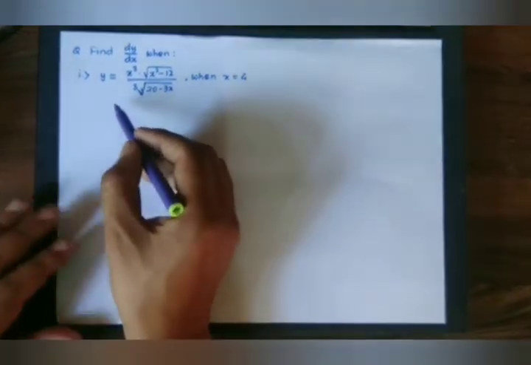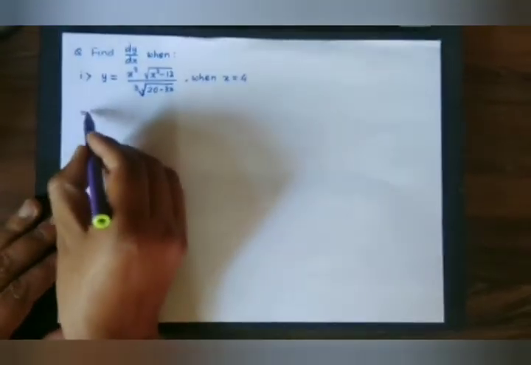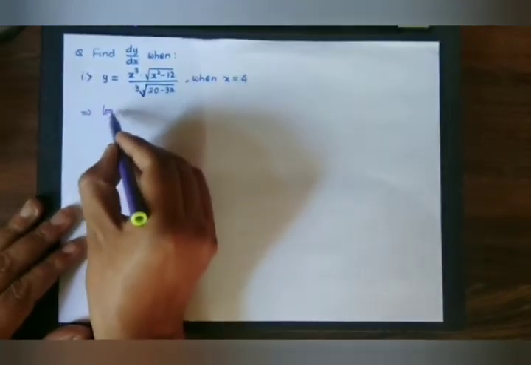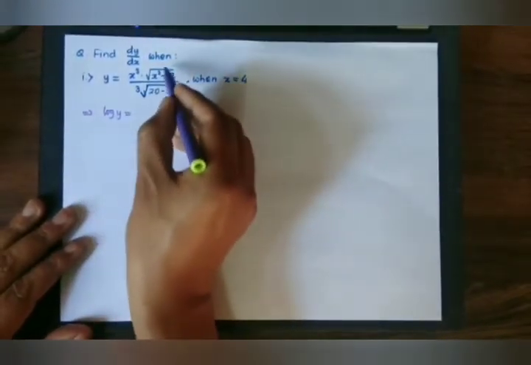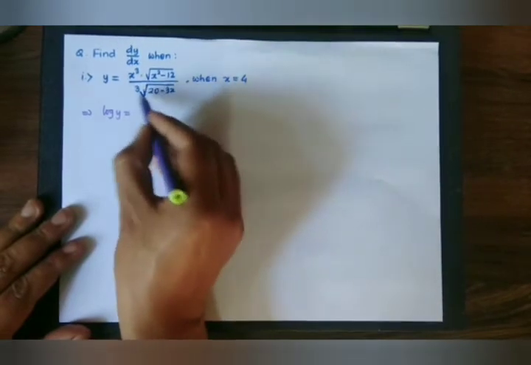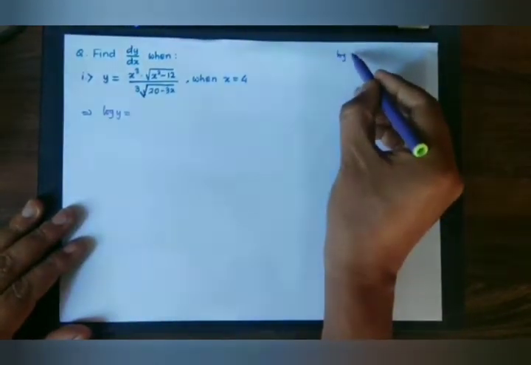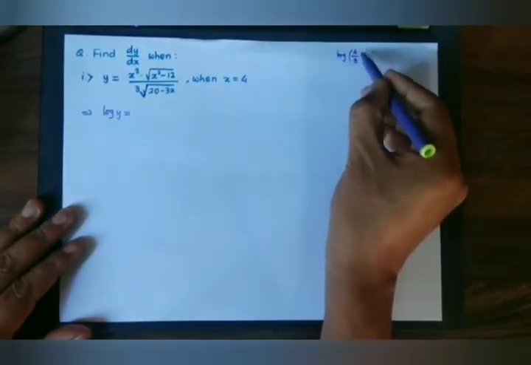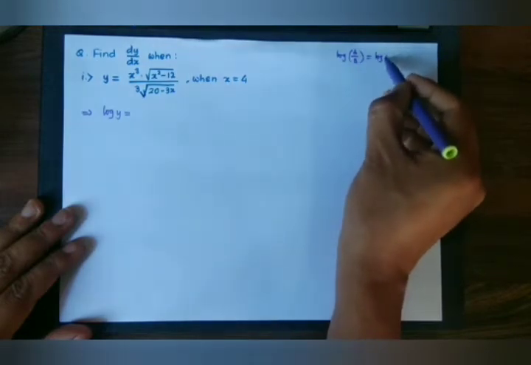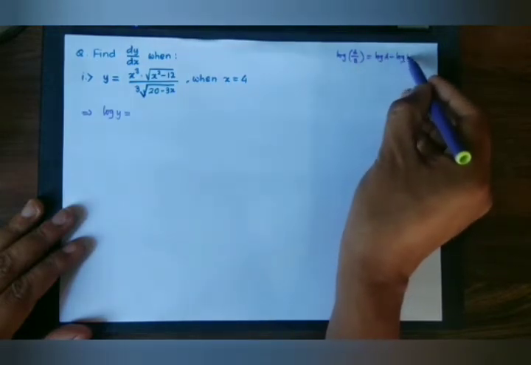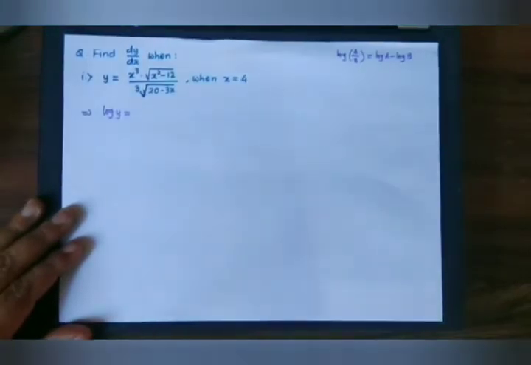So applying log on both sides, we'll get log y, right? So log a by b, and we know that log a by b can be written as log a minus log b. So first let me put this formula here.